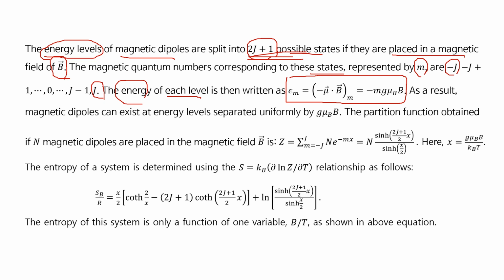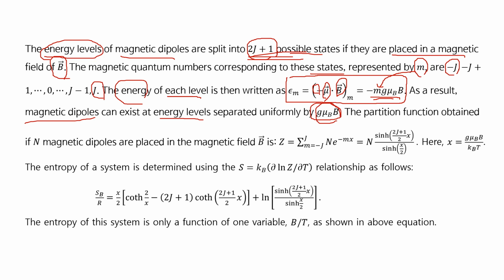The energy of a magnetic dipole in the field is given by minus μ dot B. So we have this equation, with magnetic quantum numbers M, and 2J plus 1 different energy states. As a result, magnetic dipoles can exist at energy levels separated uniformly by gμB B.